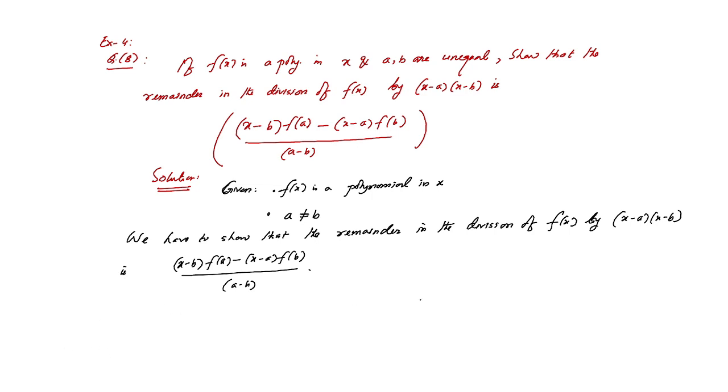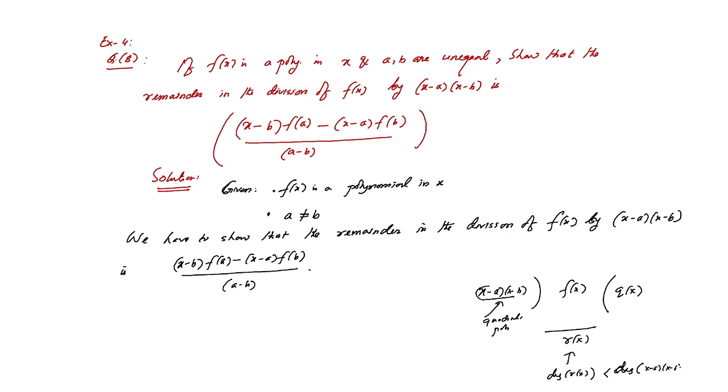So here f(x) is basically divided by (x minus a)(x minus b). This is a quadratic polynomial. If we apply the division algorithm, there will be quotient and remainder. So in that case, the degree of the remainder is less than the degree of (x minus a)(x minus b), which is basically 2.